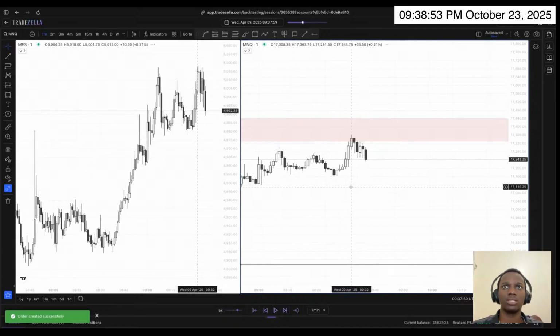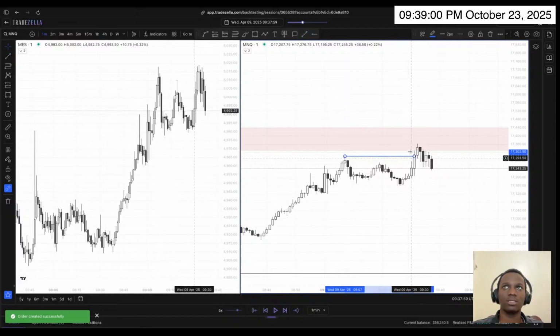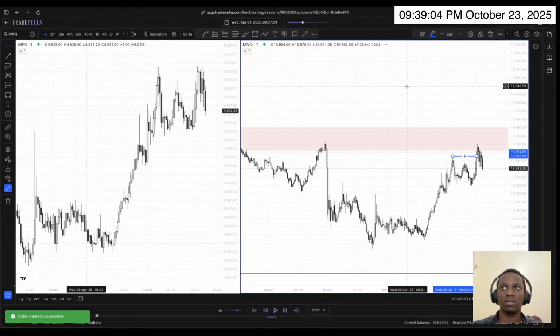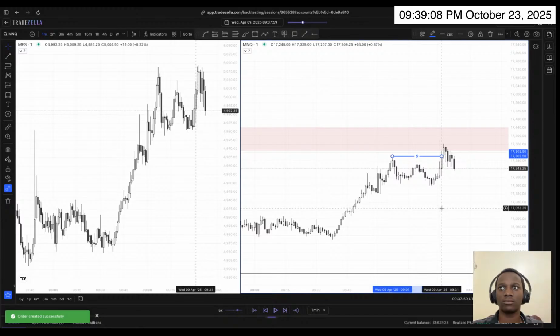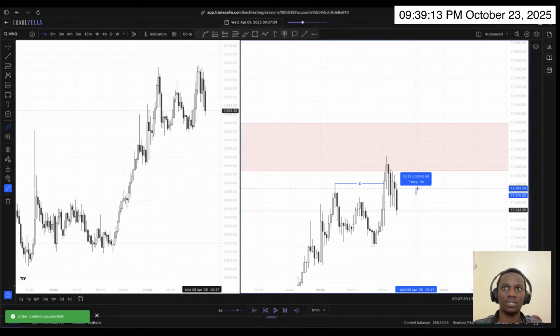So I'd like to see a high get run, but then price ended up running this pre-market high. We're going to get the first presented fair value gap and burst.